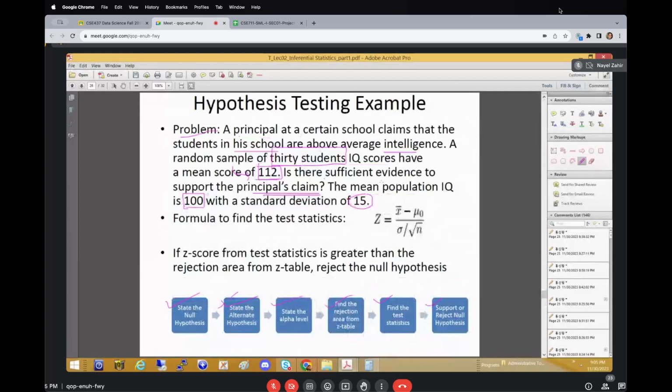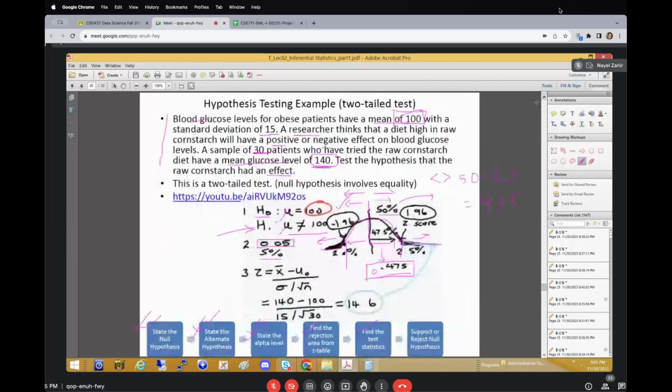That means it is small, but the population standard deviation is given, so apply the g-test.